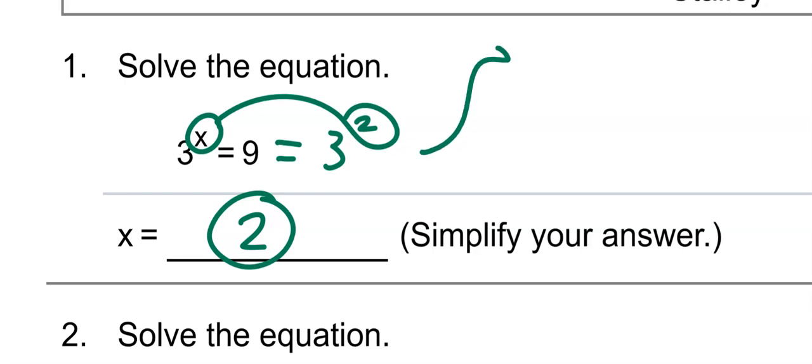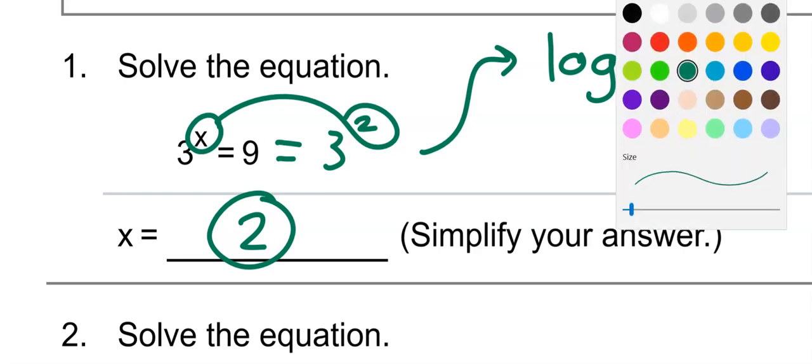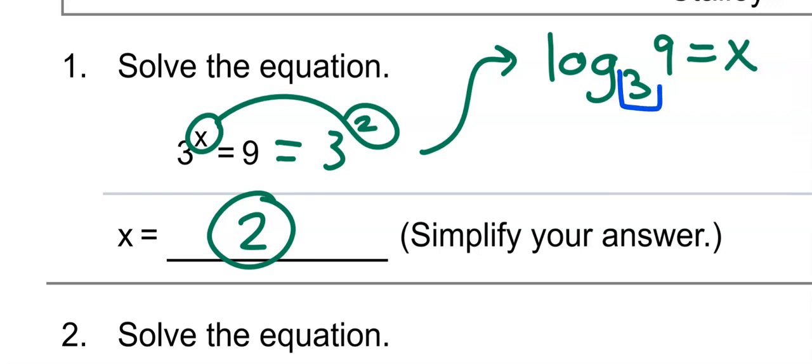In the future, we'll be rewriting things into a logarithm form. And if you'll notice what I did there, and maybe I did it too fast, I changed it into its log form, just like we've used the boxes before.